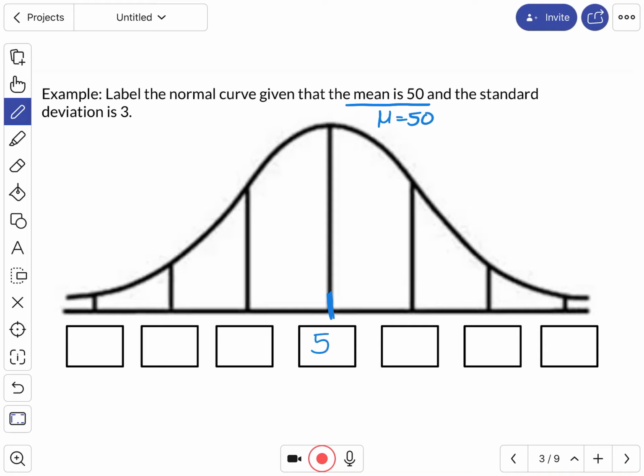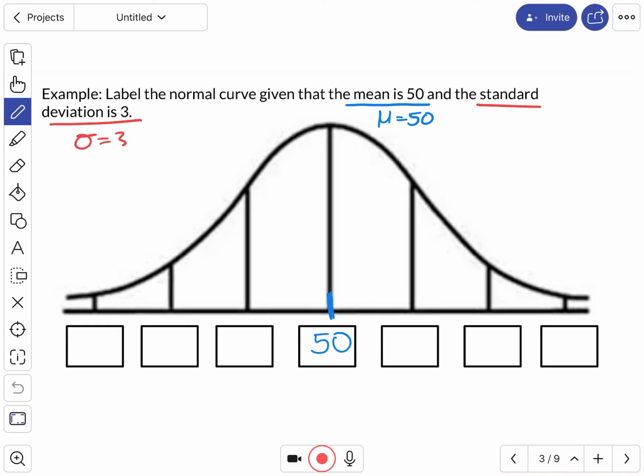So I could put 50 here, and that's your first step. Whenever you see the mean, you put that right in the middle. And then the standard deviation is 3, or if you want to say, sigma is 3.